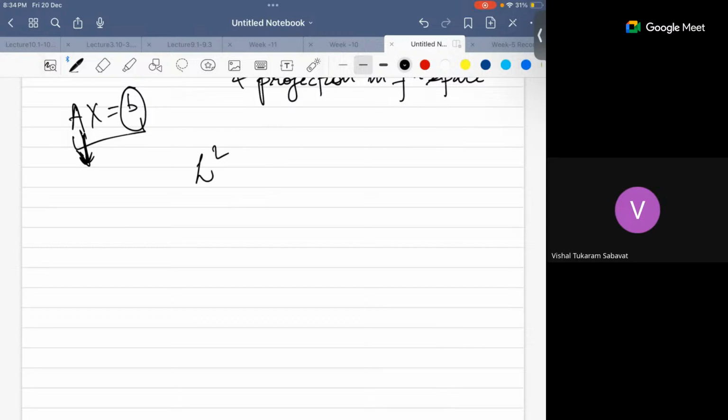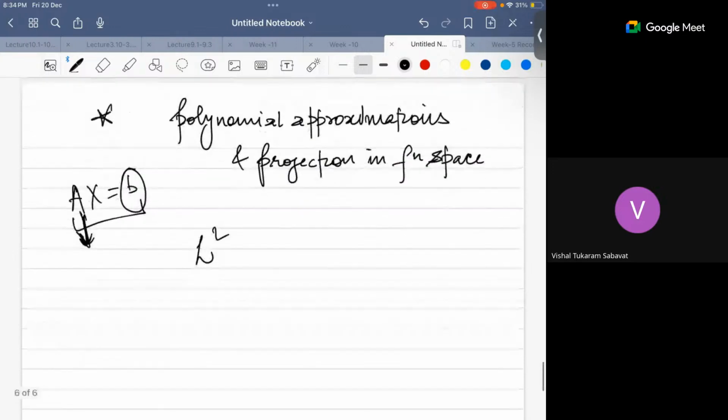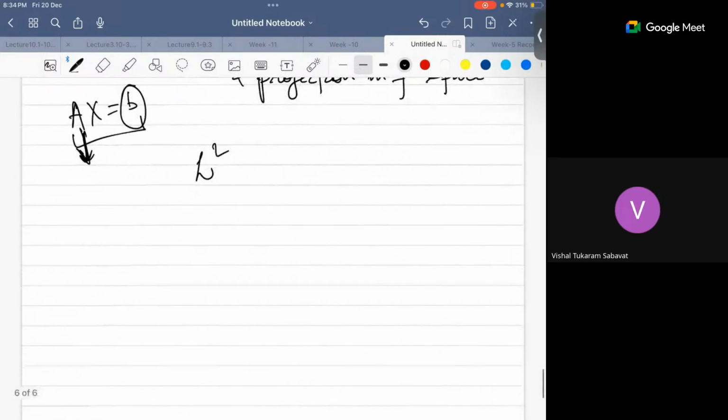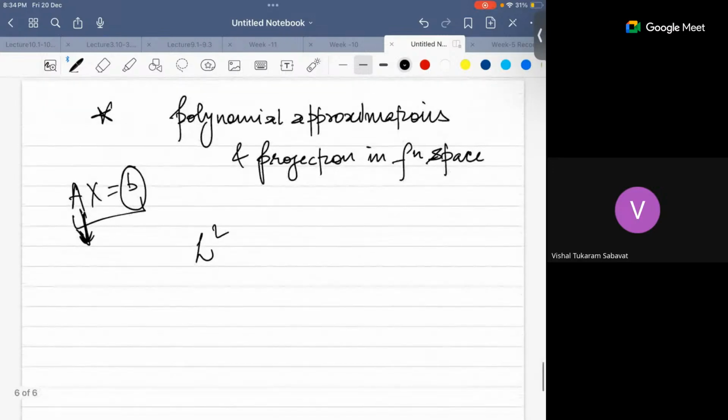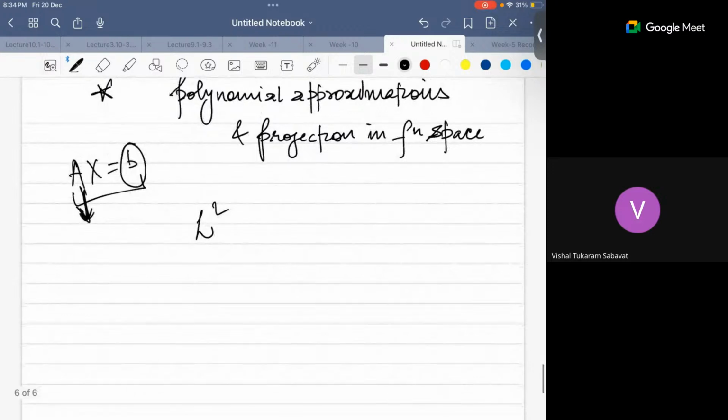See what happens if you have L2 and you have to do the approximation of any function that is given. Any signal can be given to you. One more thing, I guess the Gram-Schmidt method is here. I'll deal with that later.